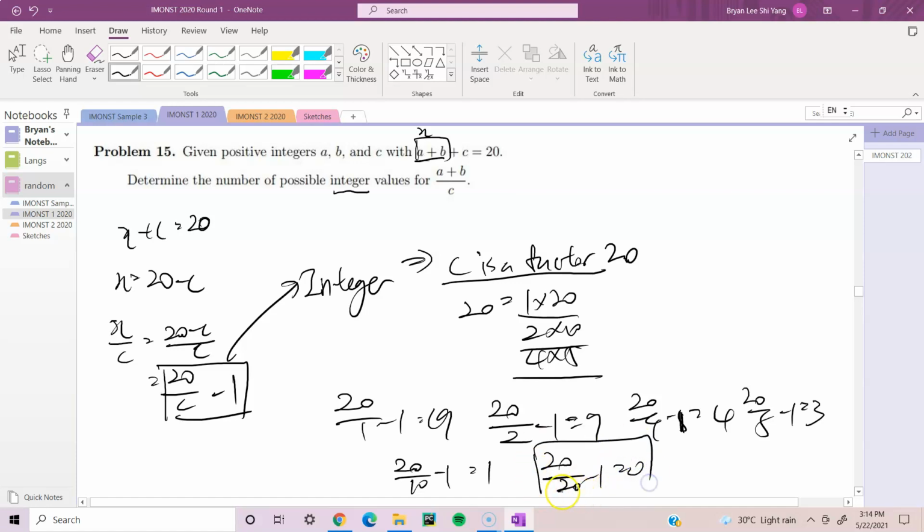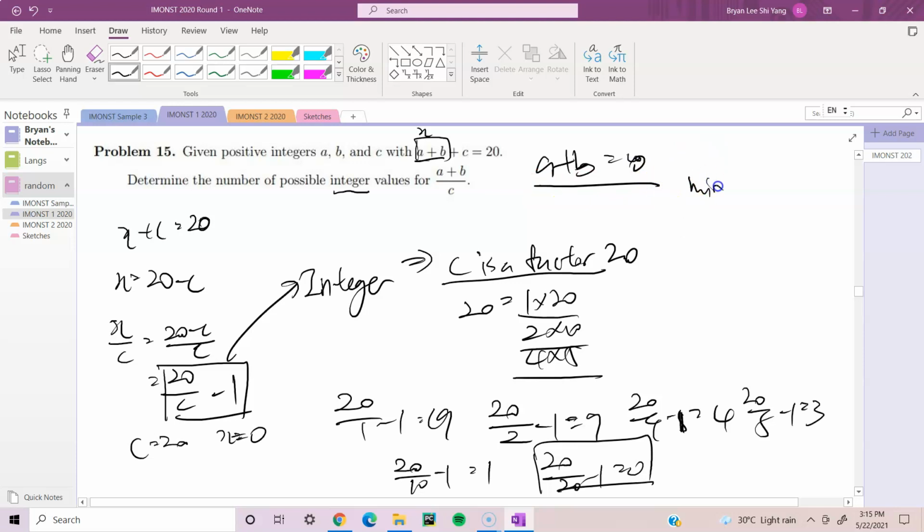But again, think again. Can 20 over 20 be a term? Okay, so let us see. If we have c equals to 20, then we would have x being 0, right? So can we have two positive integers, a plus b, such that their sum is 0? Of course not.